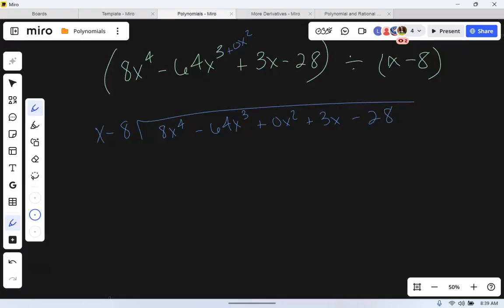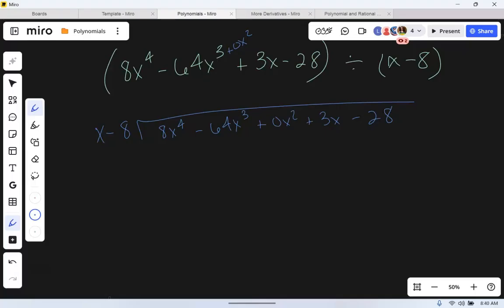While you're writing that down, how would I know if I didn't have a remainder? What happens? It just goes to 0 at the end. When you subtract, everything goes away, and that's okay. That just means it went in evenly, and you actually divided by and have a factor.